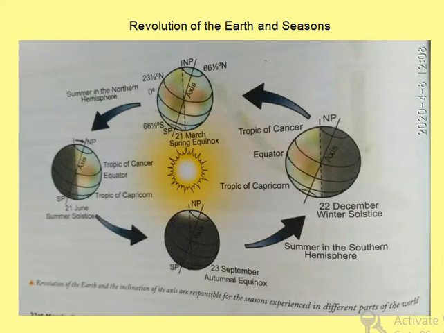So, effects of revolution. Revolution of the earth has the following effects: variation in length of days and nights, distribution of heat over the earth, occurrence of seasons.